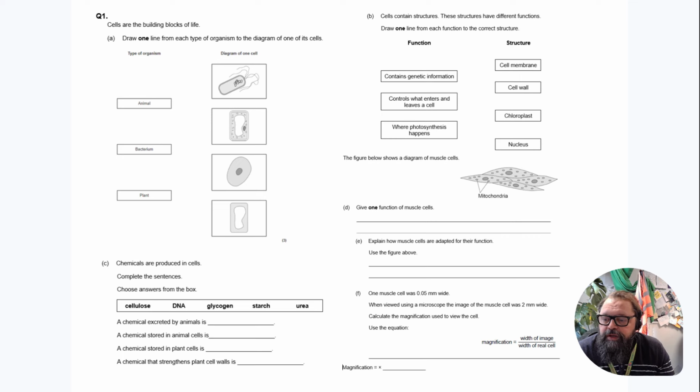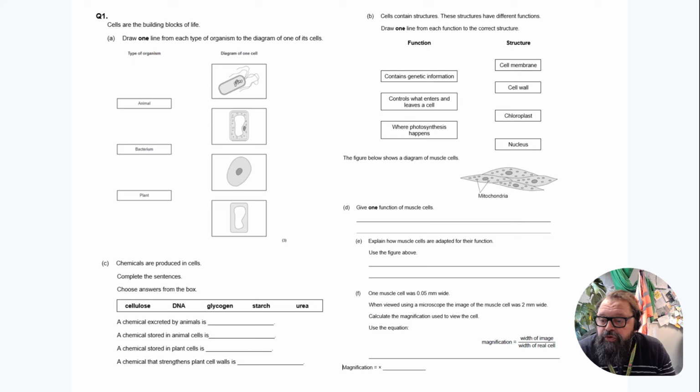A storage chemical in animal cells. Animal cells means I'm going to discount starch and discount cellulose because they're both only in plants. And we should remember that glycogen is how your body stores glucose in your muscle cells.